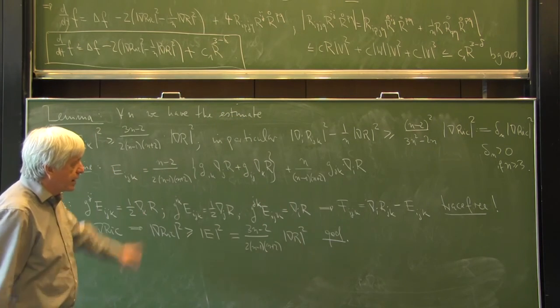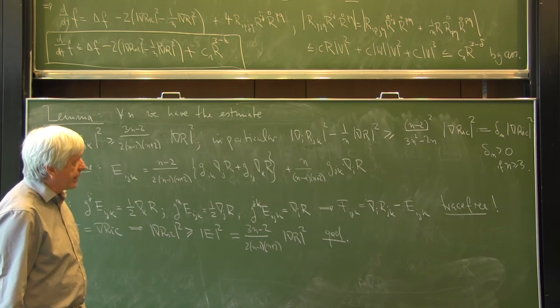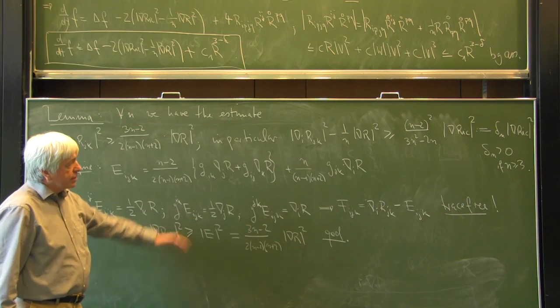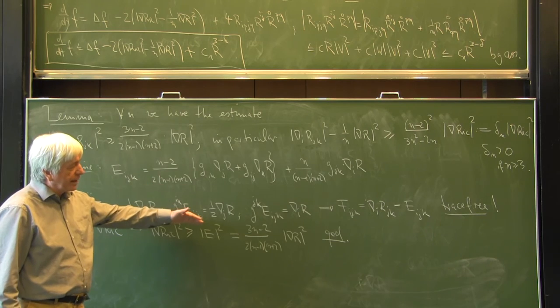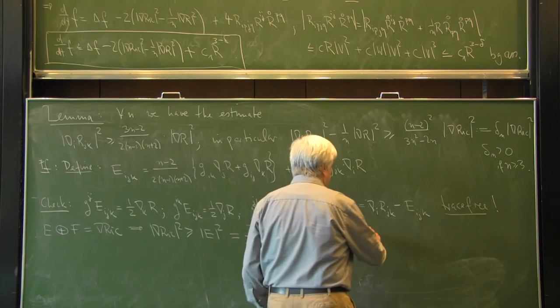This has, of course, an analogy in the gradient of the second fundamental form, where instead of the second contracted Bianchi identity, you use the Codazzi equations. So comment.